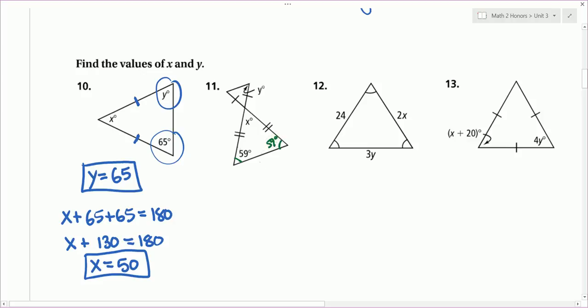And all three angles in that bottom triangle are going to add up to 180, so we have 59 plus 59 plus x is 180 degrees. 59 plus 59 is 118. And subtract 118 from both sides, and we're going to get 62.